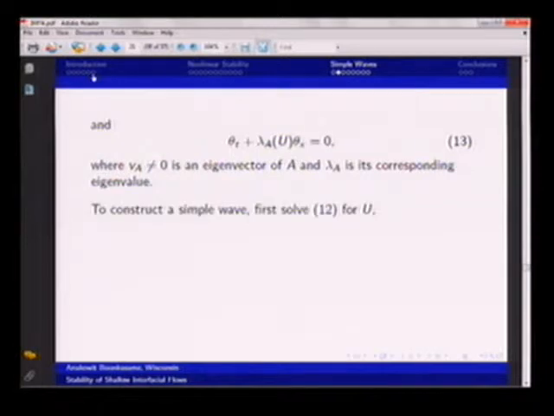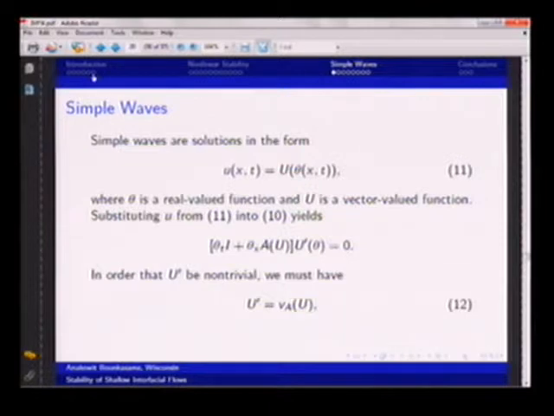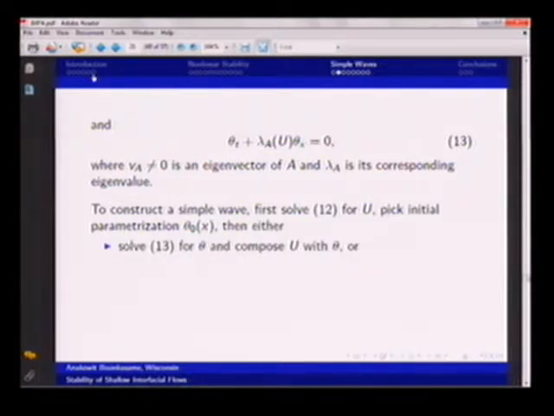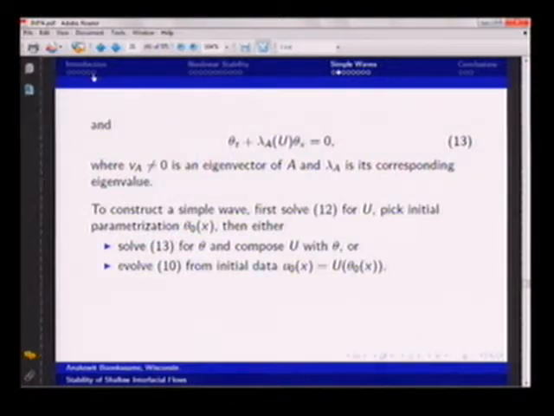First, we go back and solve this equation right here for u, and then you pick some initial state for theta, call it theta naught. Then you either solve this equation for theta and compose u with theta to get the simple waves, or you evolve this equation right here from the initial data, which is the composition of u and theta naught.